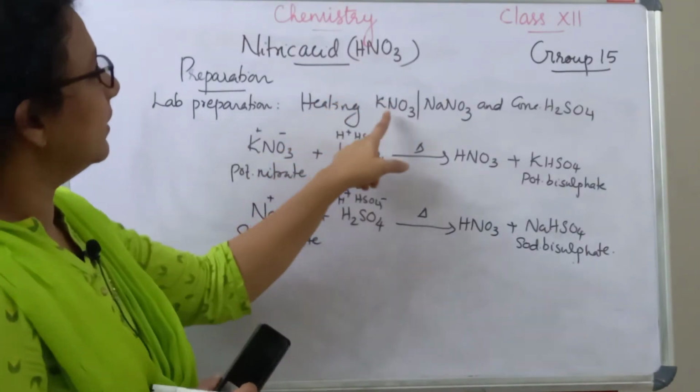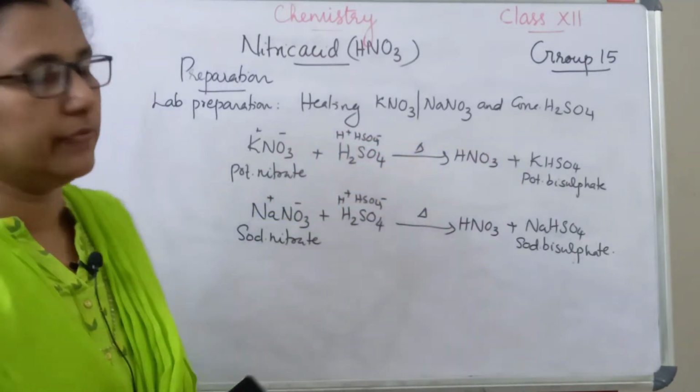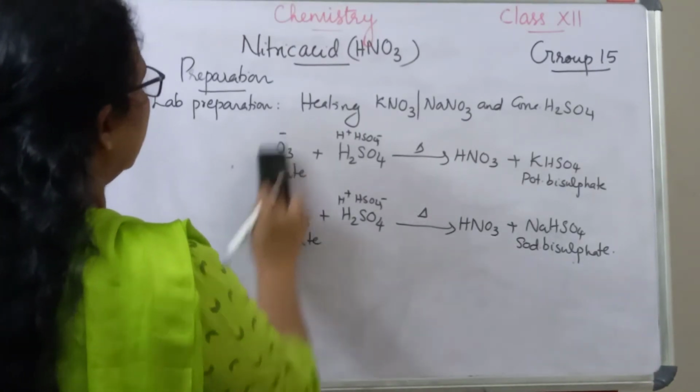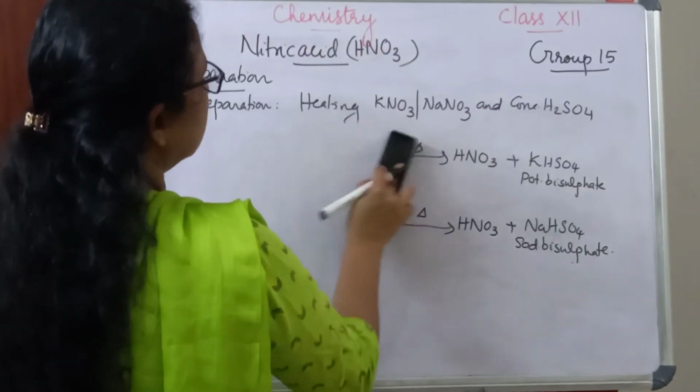So heating KNO3 or NaNO3 with concentrated sulfuric acid. Now let us see the commercial method of preparation of nitric acid, or the industrial method.